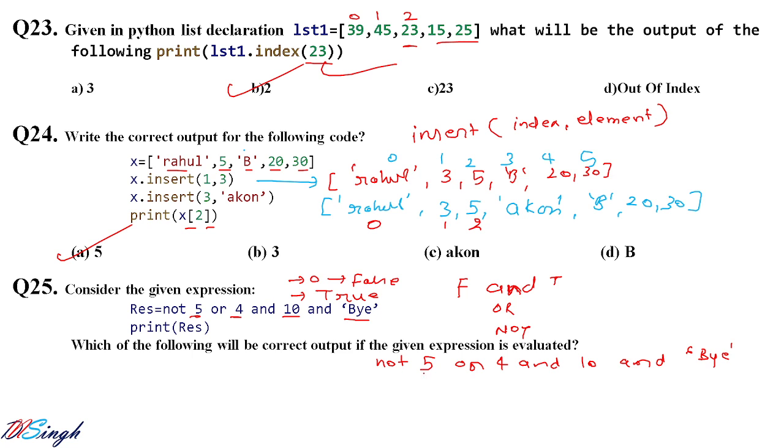So here, if it is considered true, then you are going to get False, or 4 and 10 and by. Okay, fine. What happens after that?